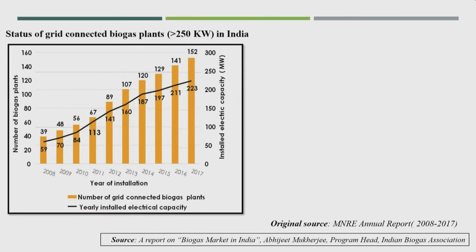This is the status of grid connected biogas plants, okay, and the size is more than 250 kilowatt in India, and cumulatively you see the number of biogas plants is now around 152, and yearly installed electrical capacity is now up to 223 megawatt energy connected to the grid.